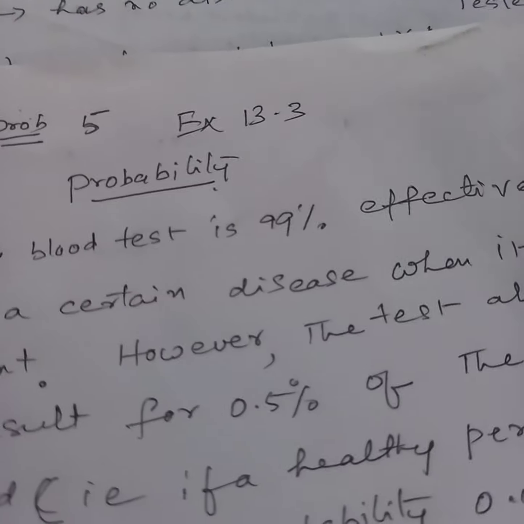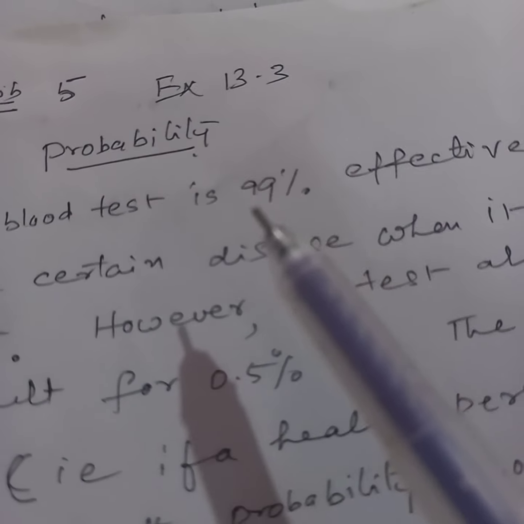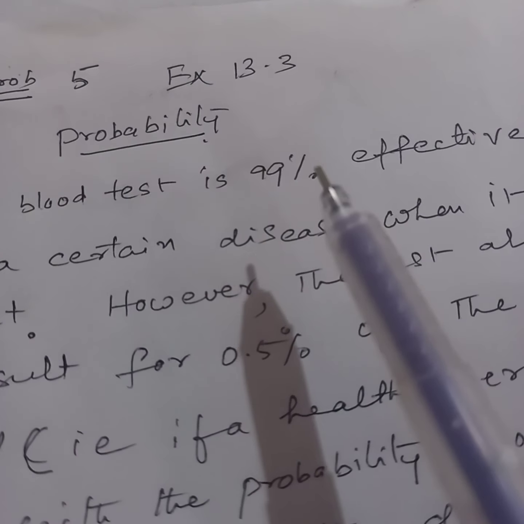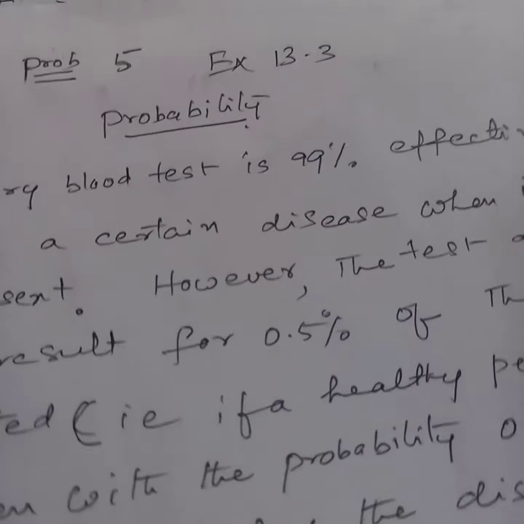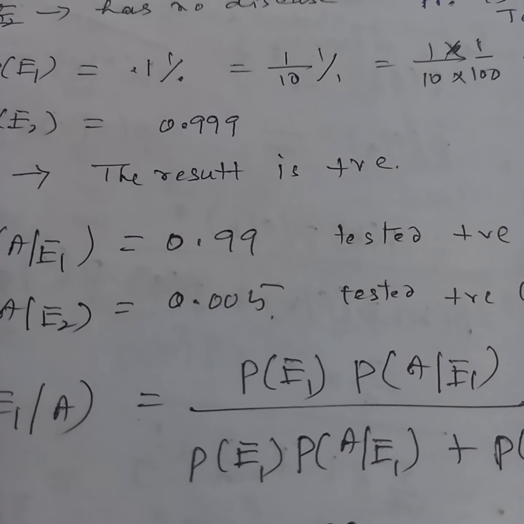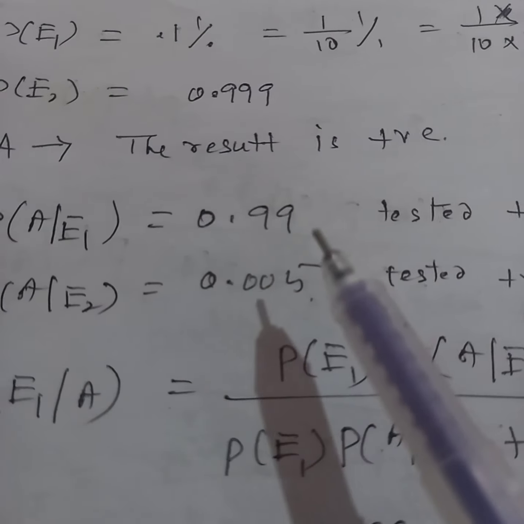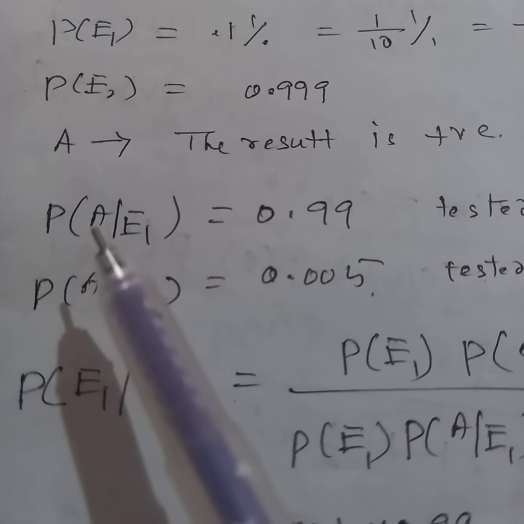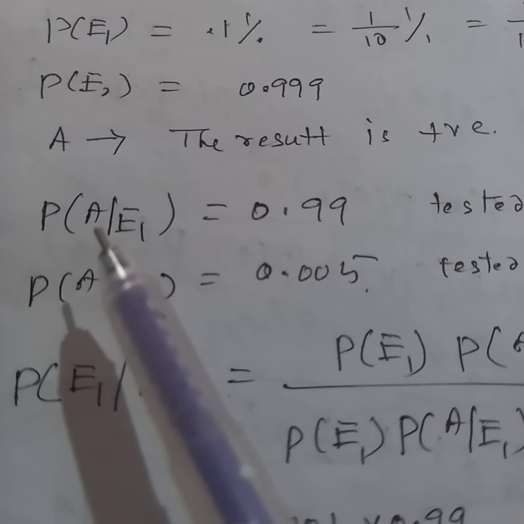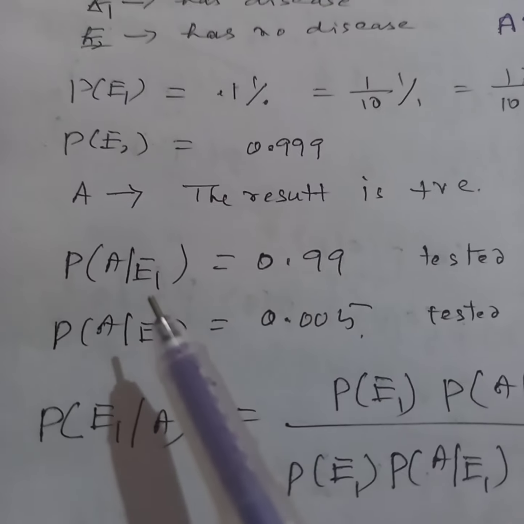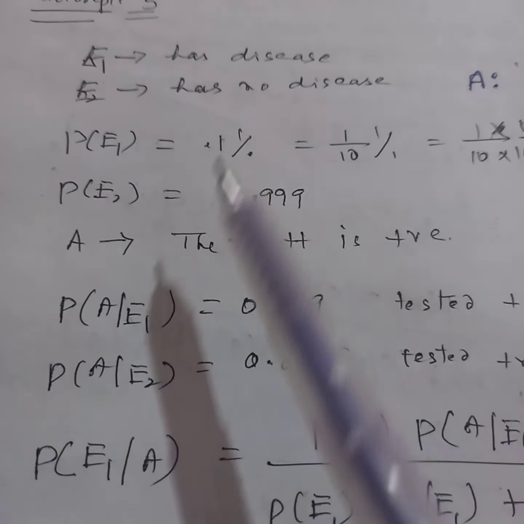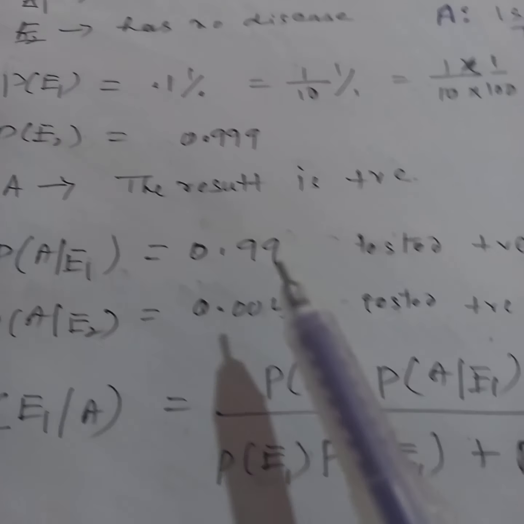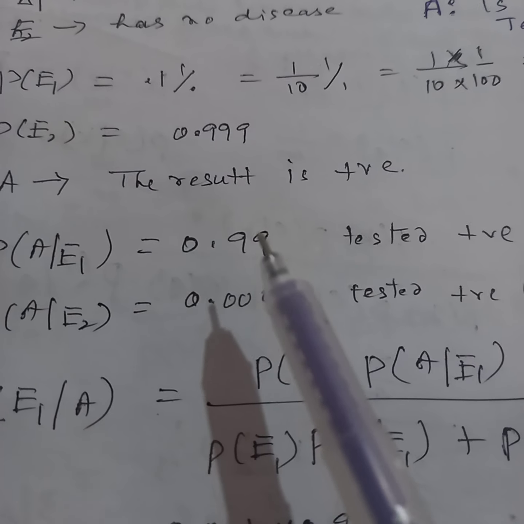Look here, it is here. 99%, if you change it into decimal, it will be 0.99. The probability of a person tested positive, given that he has the disease, is 0.99. That is given in the book.